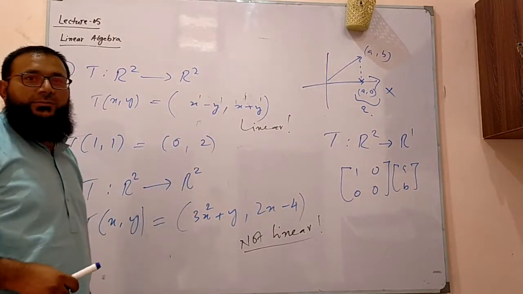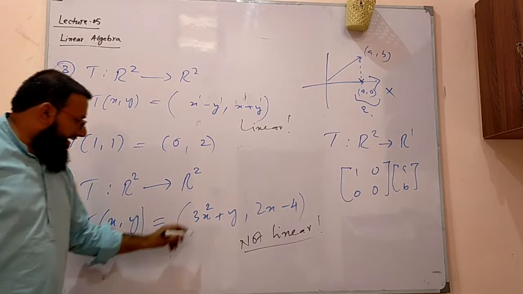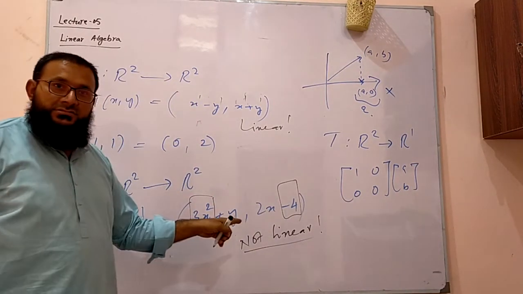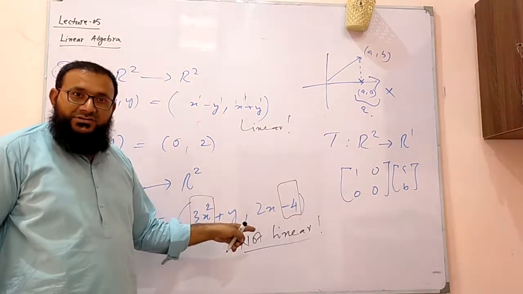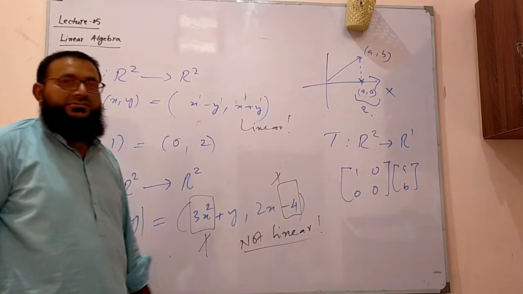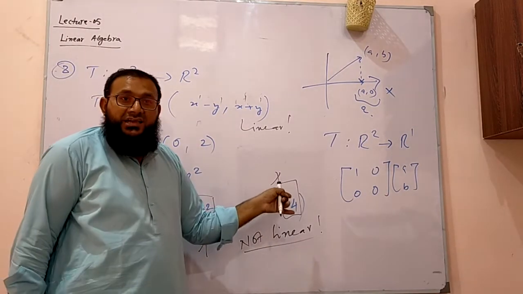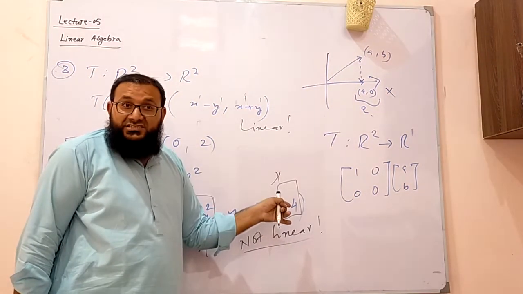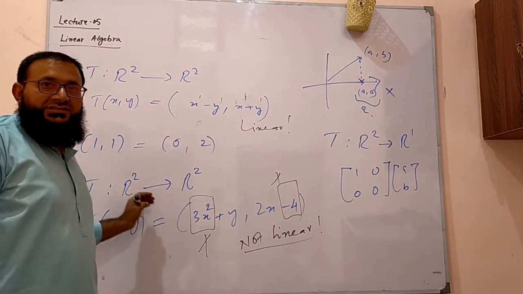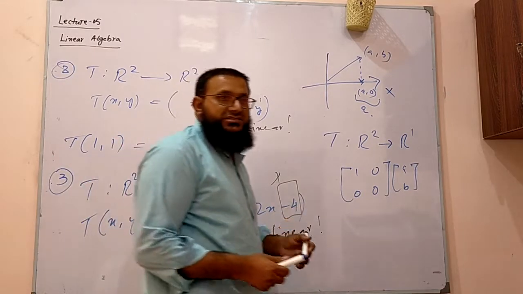Everywhere the power of that component is going to be 1, and here the power is 2. Here the power is 0. So it should be 1 everywhere. Because of these two things, even if this is involved, it's not going to be linear. So the powers of your components should be 1, then it's a linear transformation, otherwise it isn't.